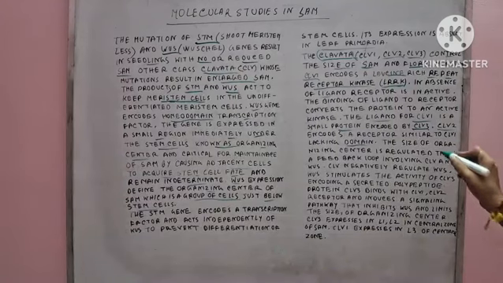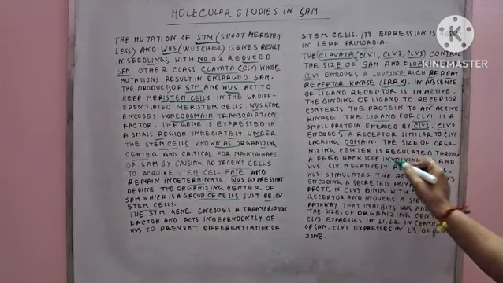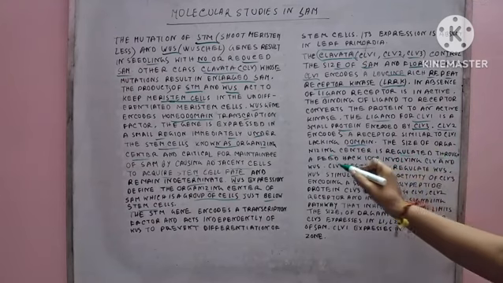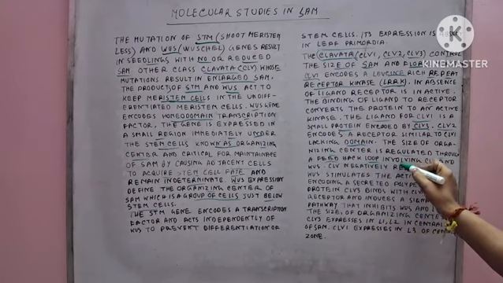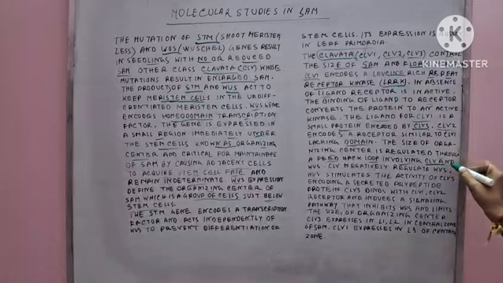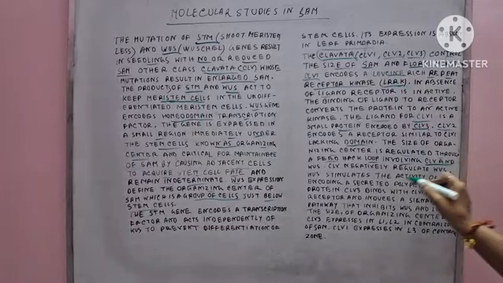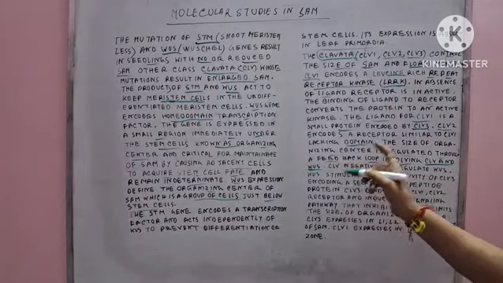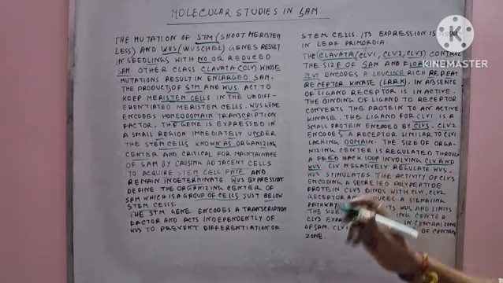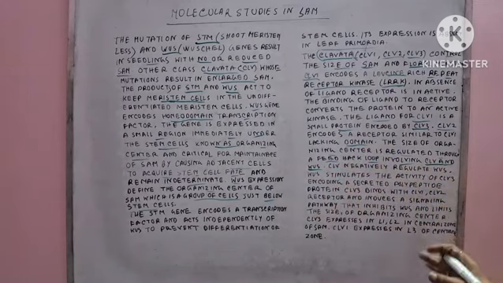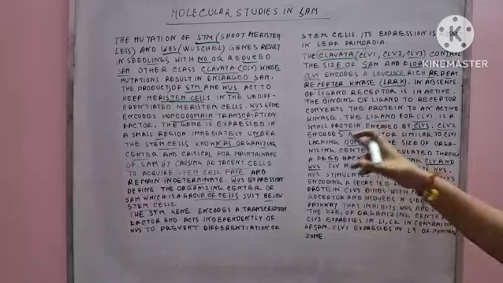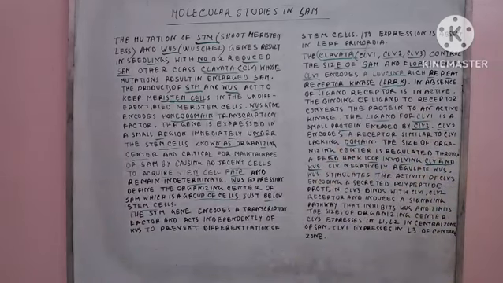Okay, so the size of the organizing center is regulated through a feedback loop involving CLV and WUS. Obviously here the WUS gene plays an important role in controlling the size of the shoot apical meristem.